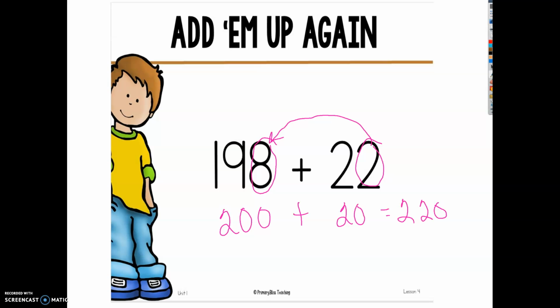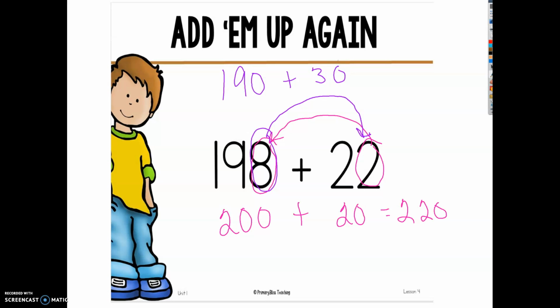Well, I'm going to change colors because I see another way that I could think about this. I could take the 8 from the 198 and put it over here, because I know that if I add 8, I can make another 10. So that means this would be 190, and this would then be 30.